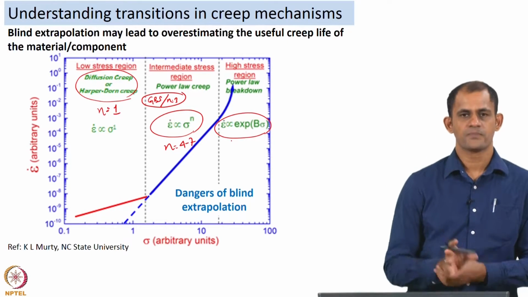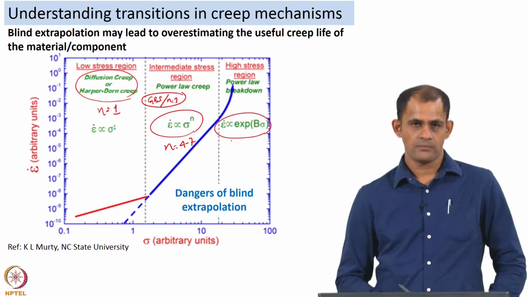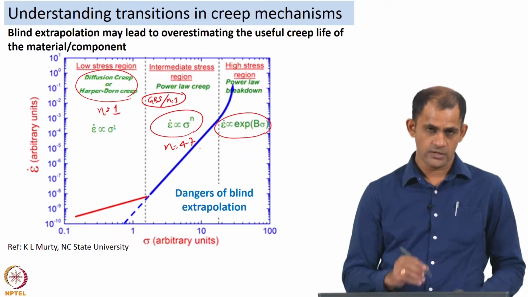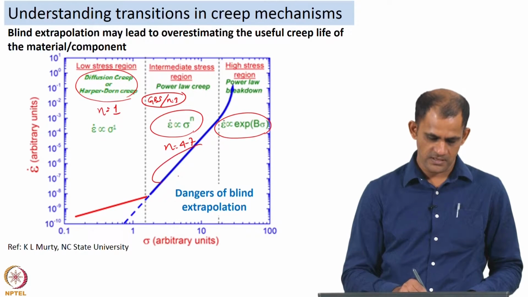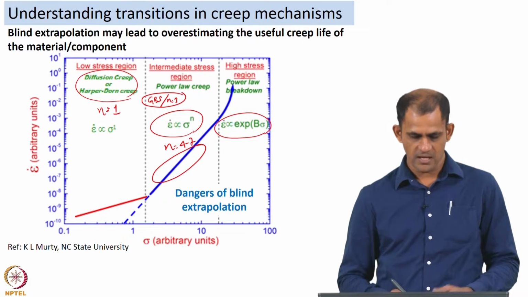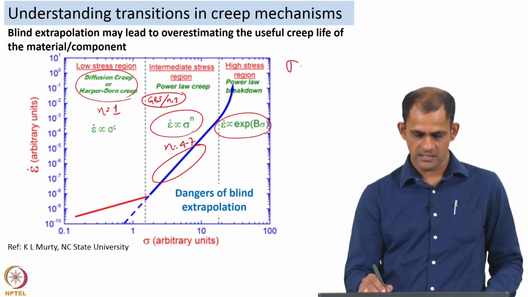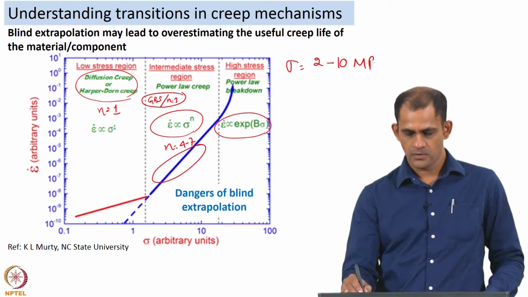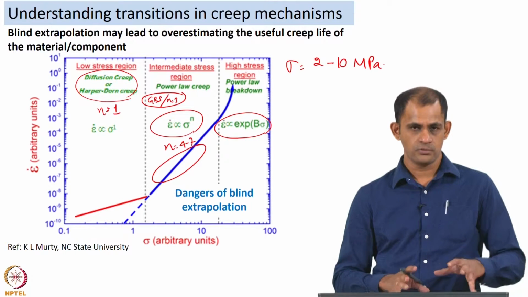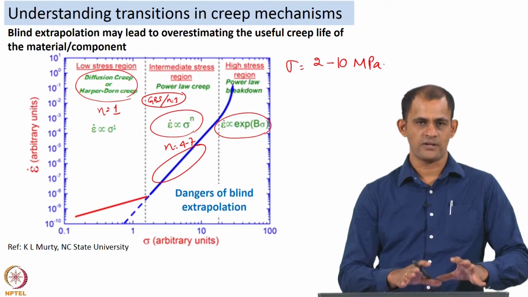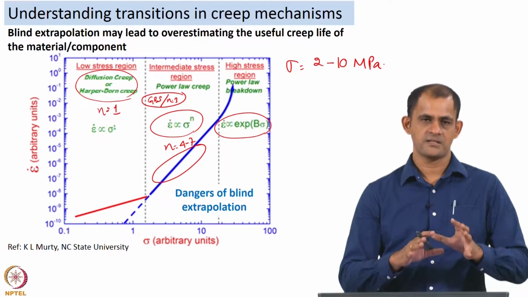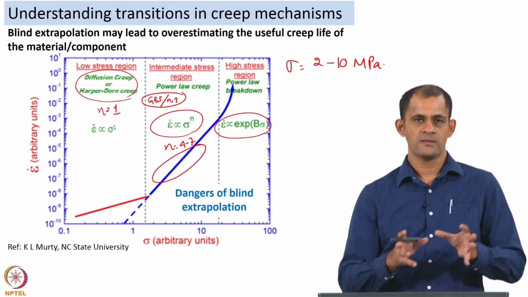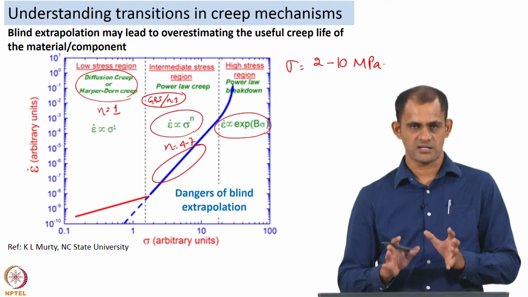Now, as an engineer, you decided to conduct all your creep tests within this stress regime, say in the range of sigma equal to 2 to 10 MPa. Let me tell you, this is just for the sake of illustration, this is not real data, this is just a graph for illustrating the dangers associated with blind extrapolation.